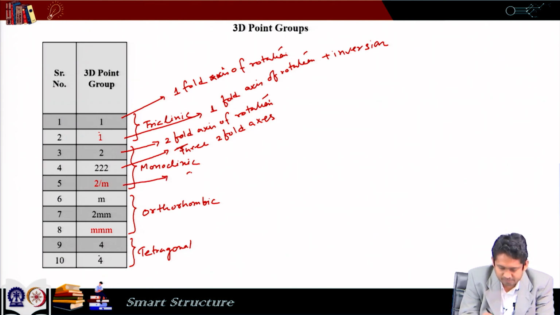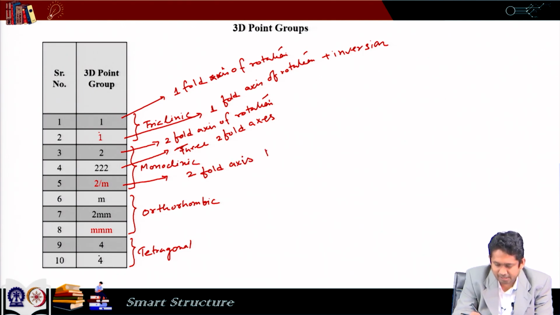So, it is a 2-fold axis and a mirror perpendicular to it, perpendicular to the axis of rotation.